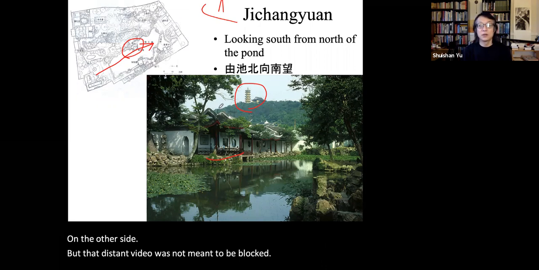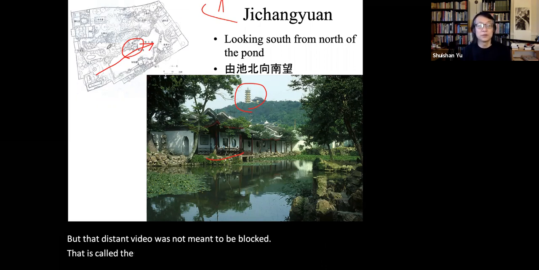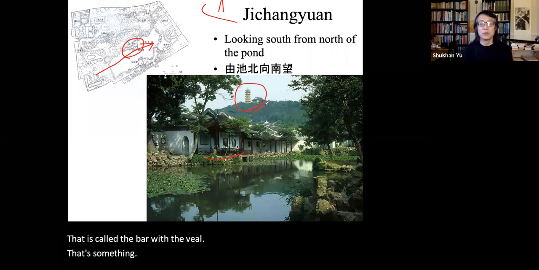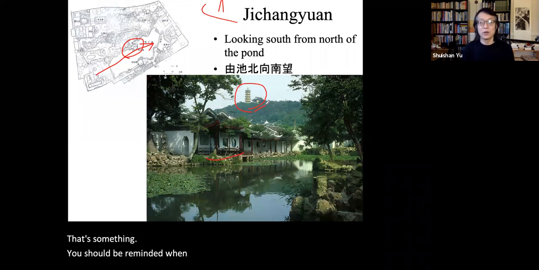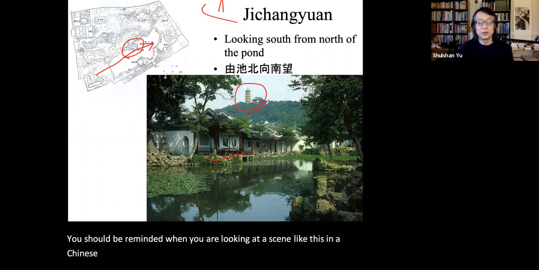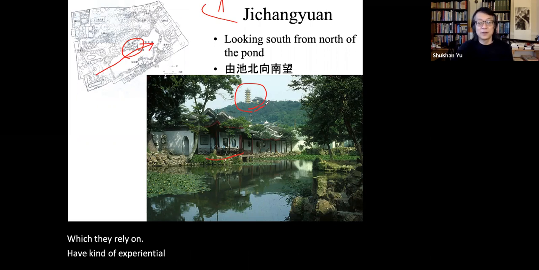That is called the borrowed view. So that's something you should be reminded of when you are looking at a scene like this in a Chinese garden. The view borrowing relies on experiential on-site design.